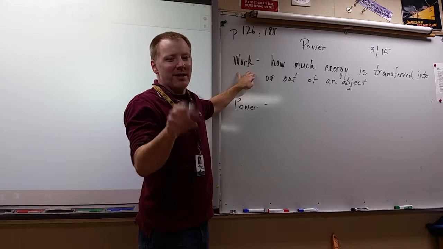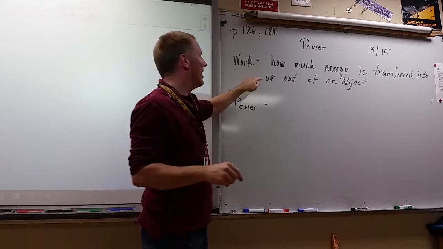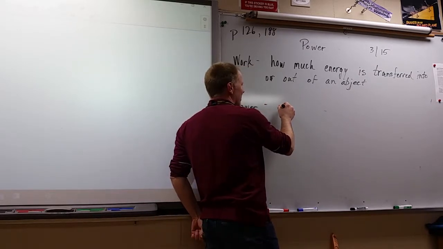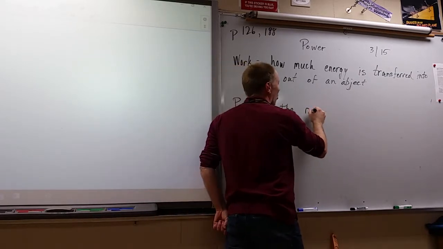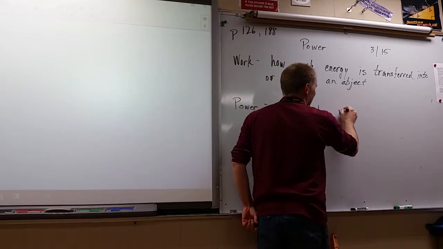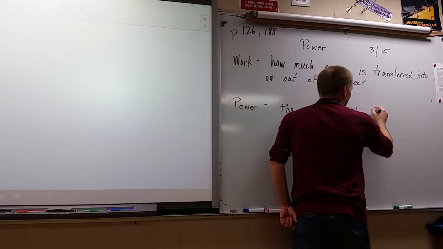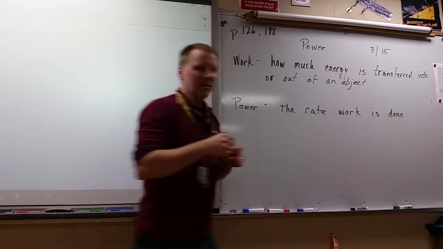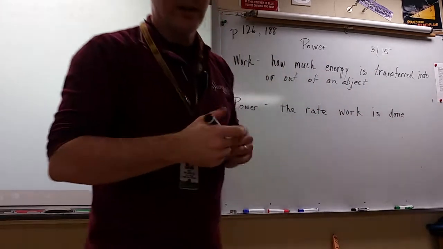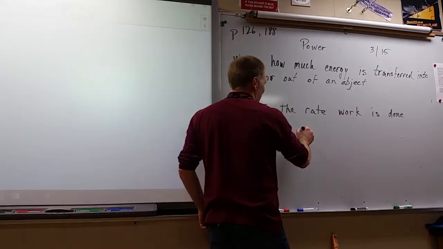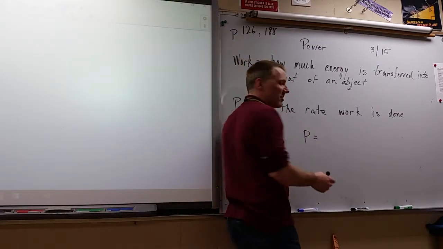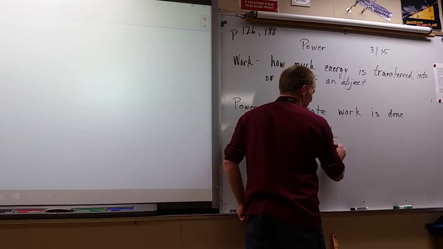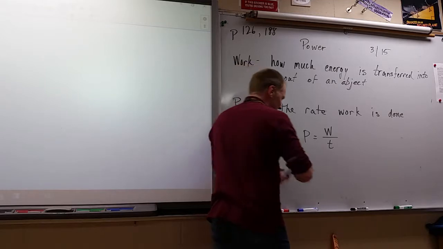So I'm going to change that definition just a tiny bit: power is the rate work is done. And we've got that formula there. Now it said it was using energy, we're going to use work. Power is work over the amount of time it takes.